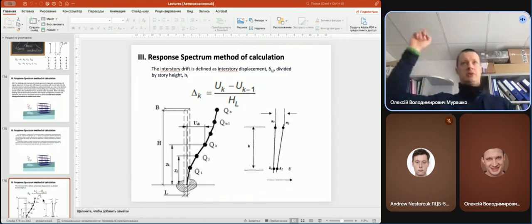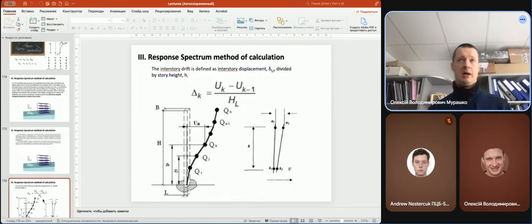So displacement of the top minus displacement of the bottom, and the result of this equation is divided by the height of the story. Only this related value gives us the opportunity to assess the behavior of the building during the earthquake. And this is called interstory drift.